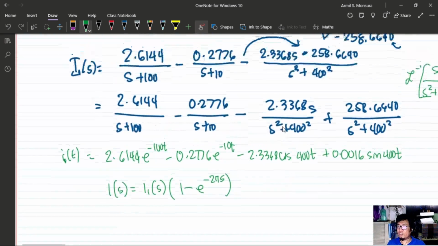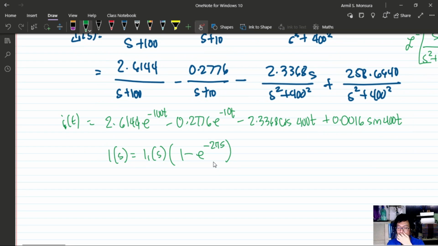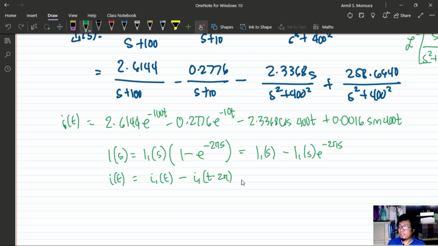The inverse Laplace of this is essentially I1 of s multiplied to 1 minus I1 of s multiplied to e raised to negative 2 pi s. If you take the inverse Laplace transform of that, we will have I1 of t, this is your entire I1 of t, minus I1 of t minus 2 pi, u of t minus 2 pi.